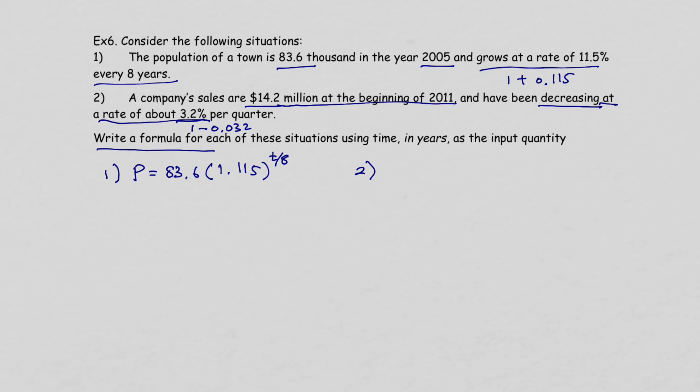So sale is equal to the initial value of 14.2 million times decreasing, which will be 0.968, right? That gives you 0.968 to the per quarter. So that's going to be 4t.